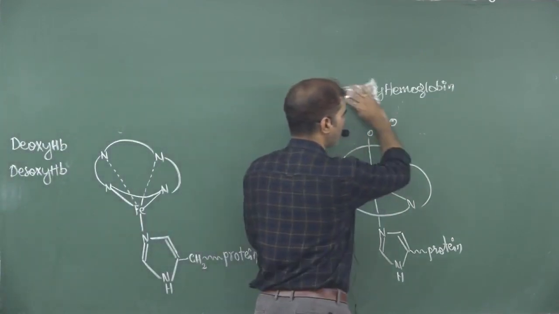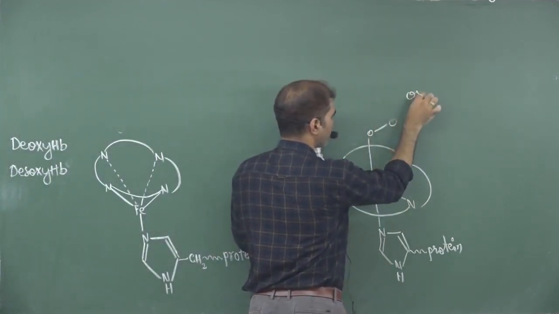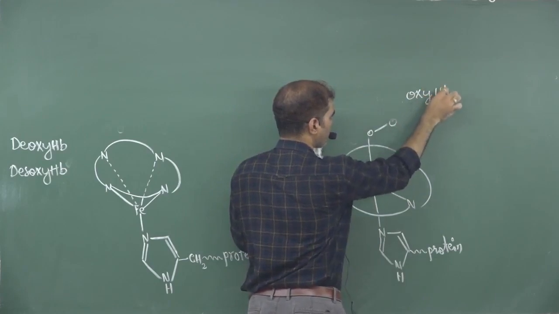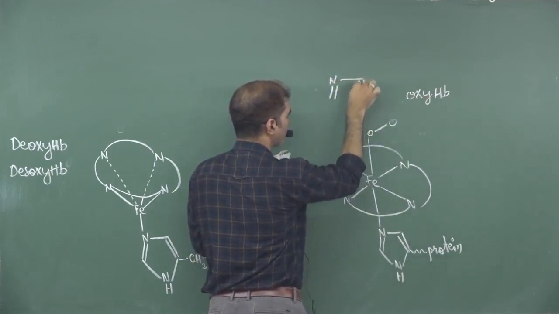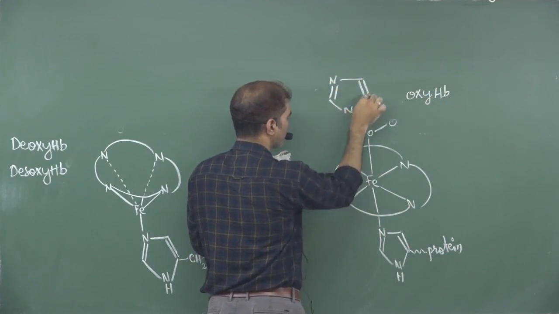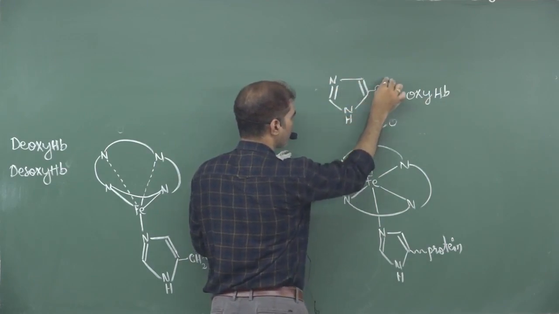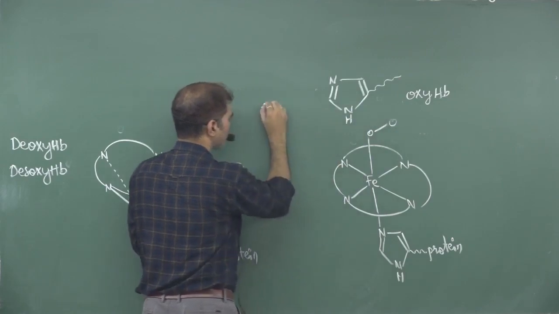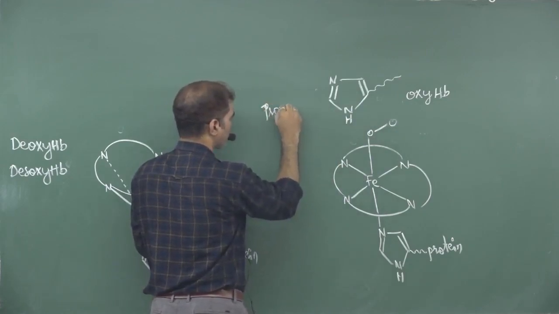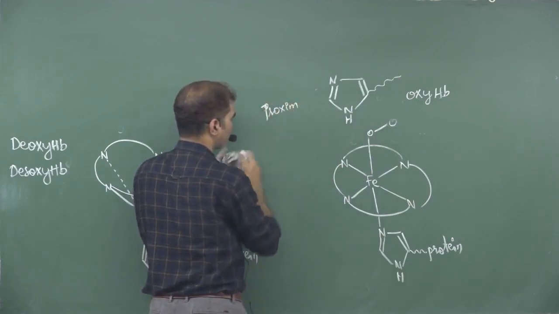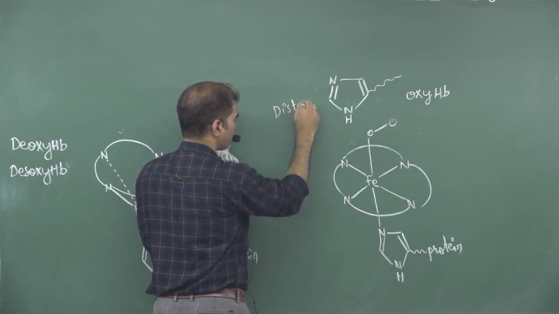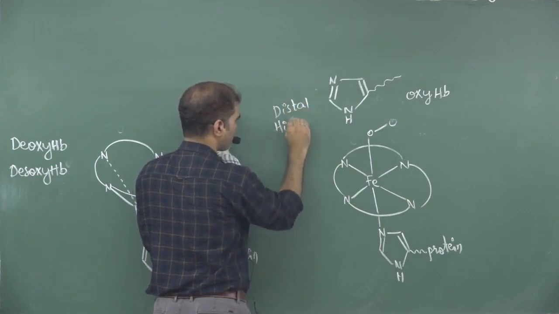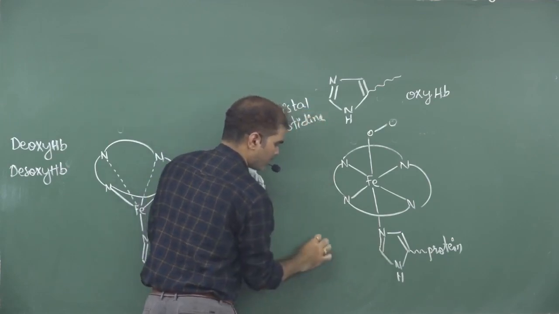This is oxy hemoglobin. This is distal histidine. This one is proximal histidine.